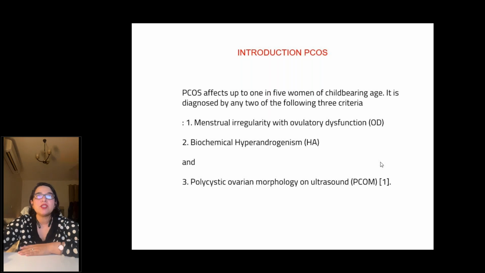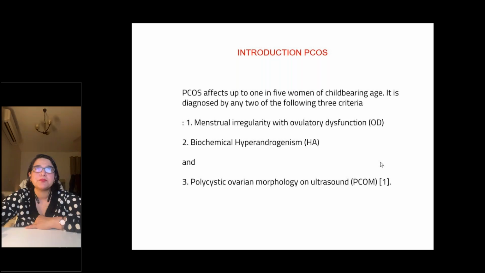One, menstrual irregularities with ovulation dysfunction. Two, biochemical or clinical hyperandrogenism. Three, polycystic ovarian morphology on ultrasound. Next slide, please.